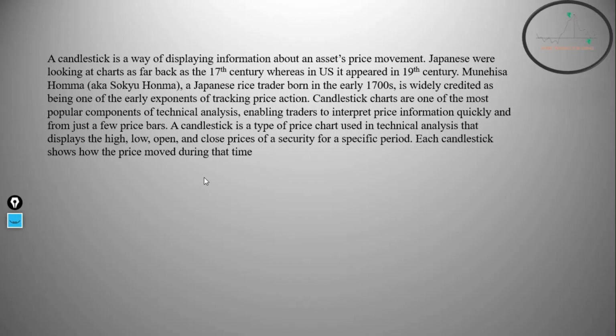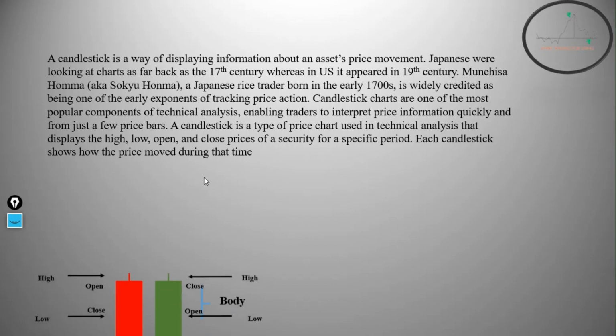Mr. Munehisa Homma, who was a rice trader, started capturing the price movement in candle form, and this practice stayed with the Japanese for almost 200 years before the Americans got to know about this, and then the entire globalization happened for candlesticks. So now everyone who is into share trading or other kinds of trading, or anyone who wants to understand the movement of price, refers to the candle chart.